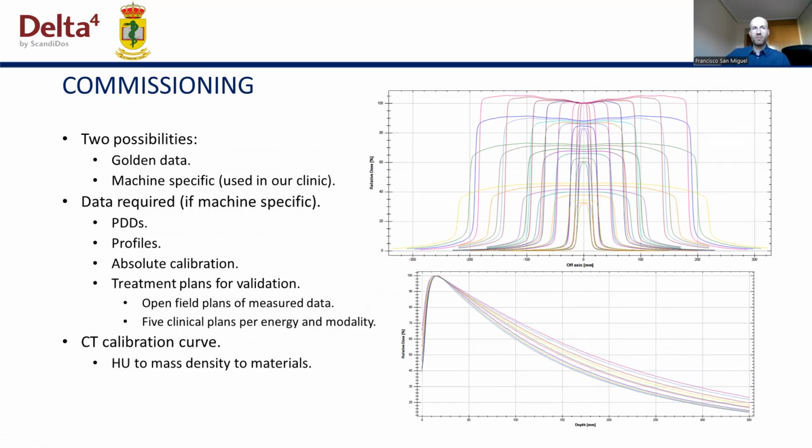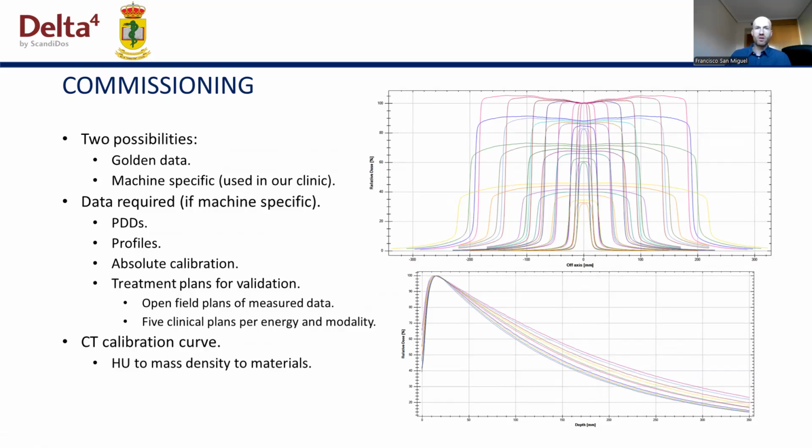Although some additional measurements may be required, most of the necessary beam data were already available in our department. Therefore, this was the approach adopted by us. Customizing the calculation model to match our specific LINAC enables more precise beam modeling and provides greater confidence when assessing discrepancies with our treatment planning system.